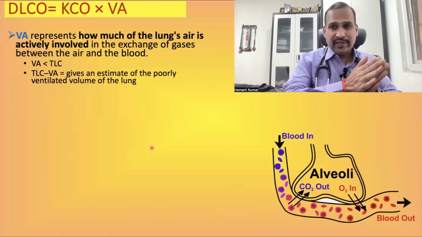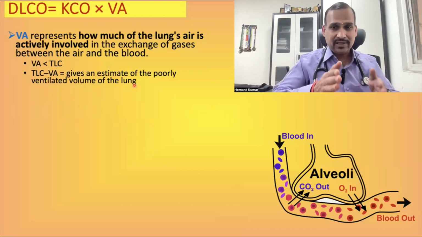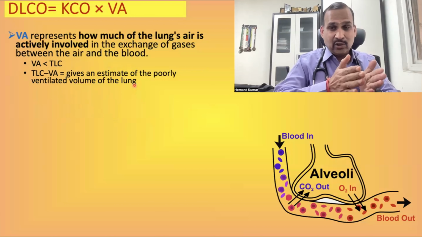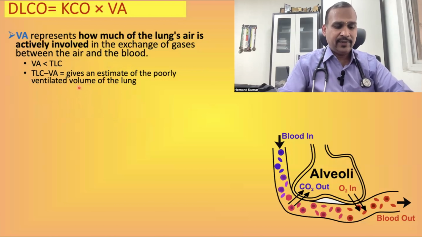If you remove dead space, then it would be VA. So VA is almost always less than total lung capacity. So TLC minus VA gives an estimate of the poorly ventilated volume of lung, how much lung surface is not functioning. So we can estimate it by calculating TLC minus VA.